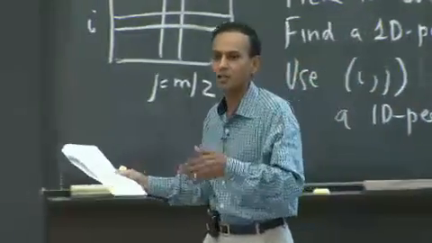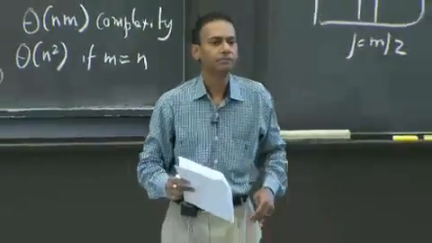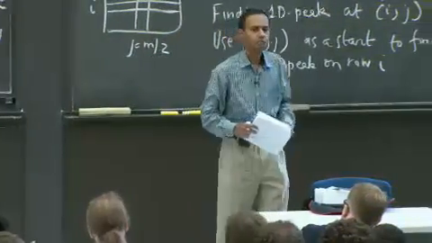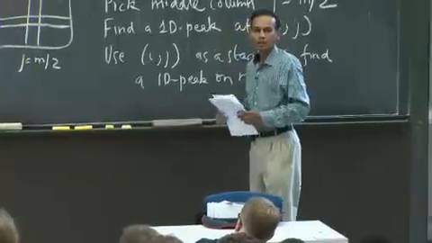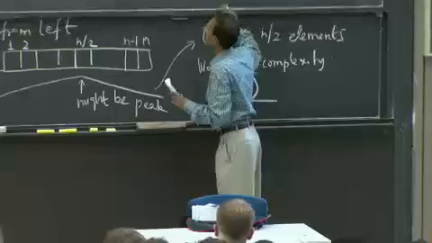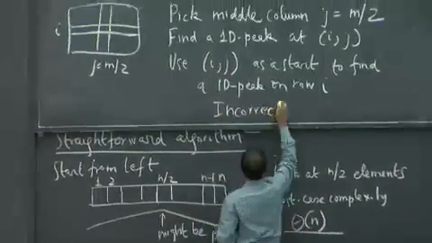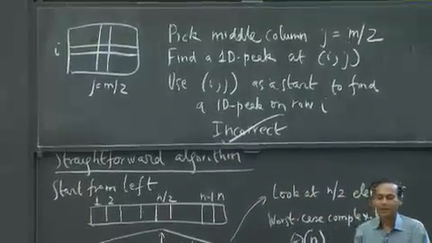No. Can someone tell me why I'm not done precisely? Yep. Because when you do the second part to find the peak in row i, it might not be a peak on the column anymore. That's exactly correct. So this algorithm is incorrect. It doesn't work. It's efficient but incorrect.